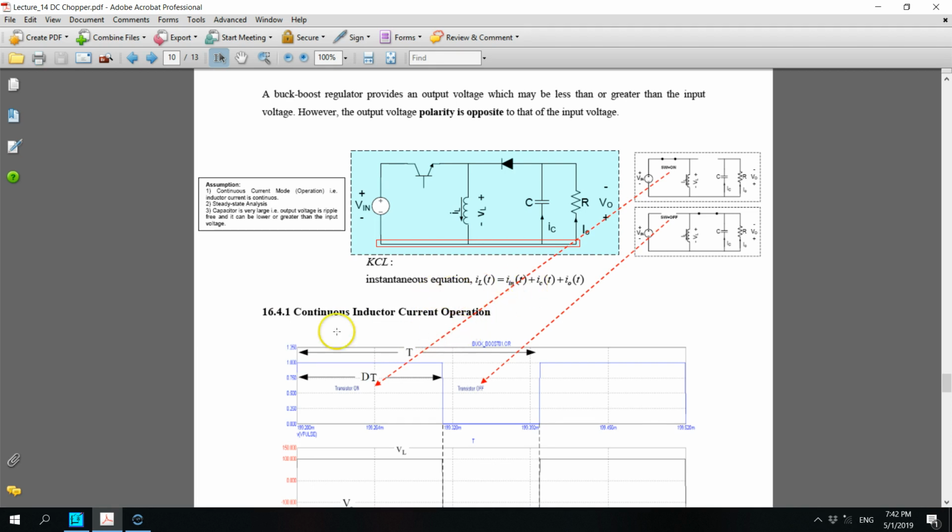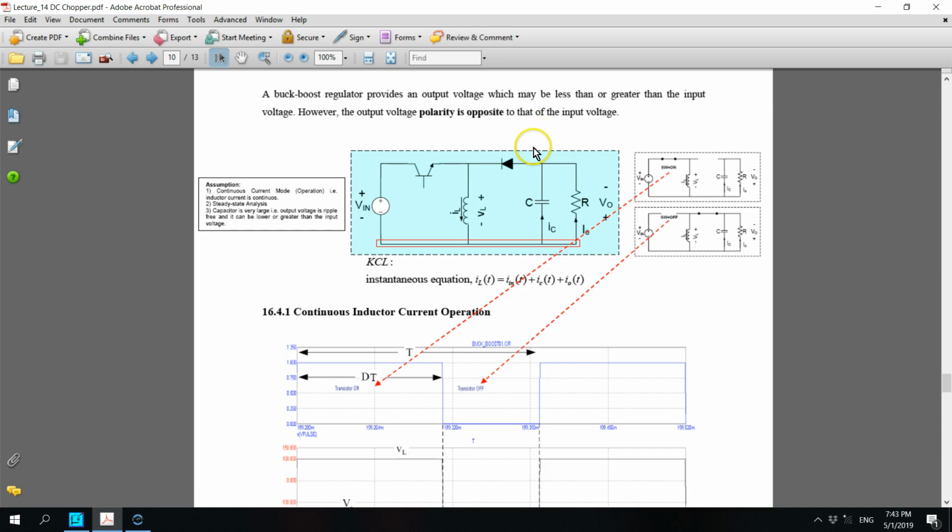This is the duration for the turn on, T on equals DT, and then we have T off, the duration for the off time, and finally the period, depending on the switching frequency. This will be the period for the cycles.